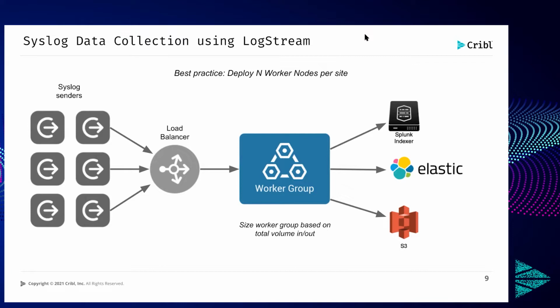If that came in through TCP, the load balancer would do its job and connect that TCP session to one worker thread inside the worker group. What happens when you do that is that you exceed the capacity of a single worker thread to handle that workload. So it's very important when you exceed the volume of about 300 to 400 gigs per day, that's when you must shift that sender from TCP to UDP.